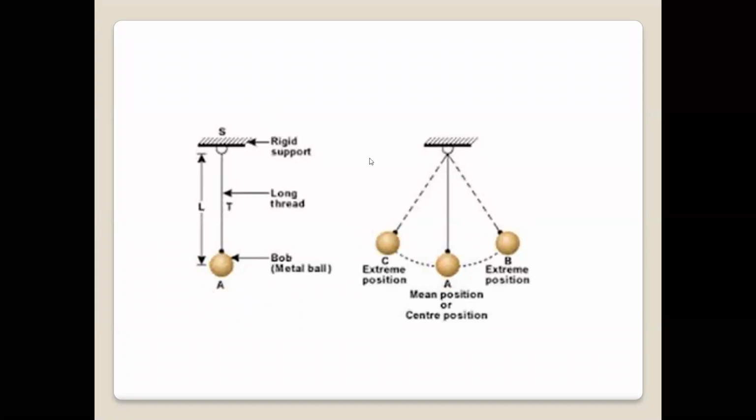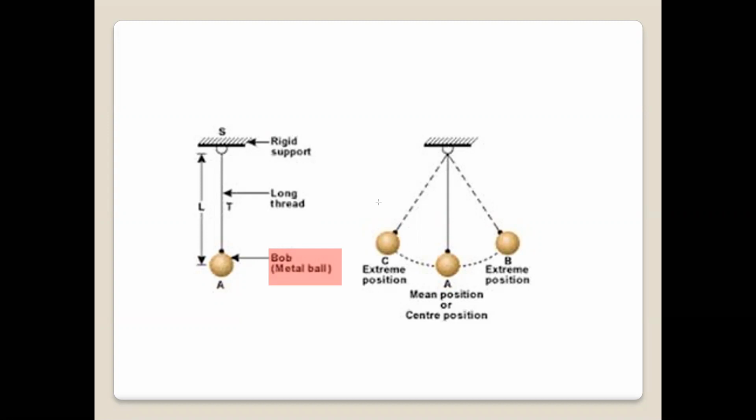So for a pendulum, we define certain things. You attach a pendulum to one end which is fixed, a rigid support. When we say it's a rigid support, it means it cannot change its shape, size or length. You attach a wire to an object. If the object is a metal ball, this metal ball is also known as a bob.